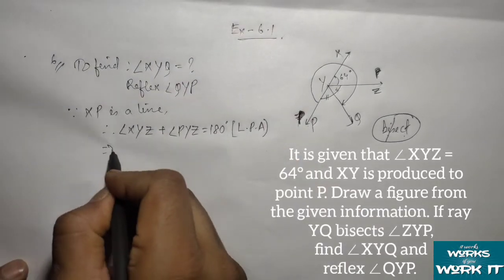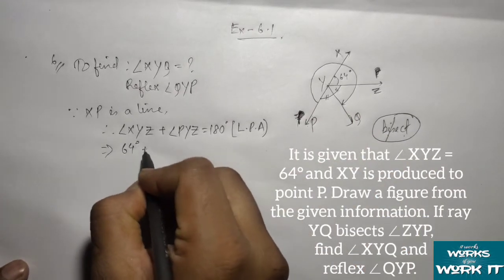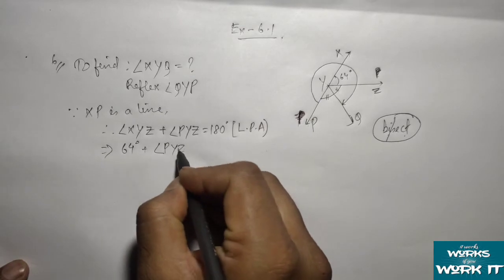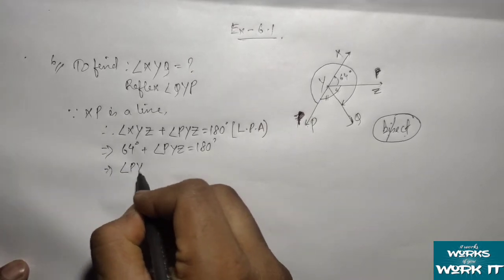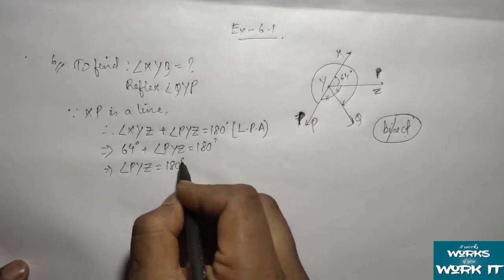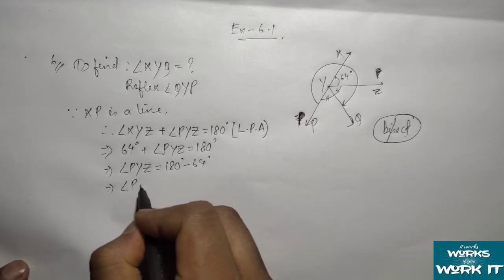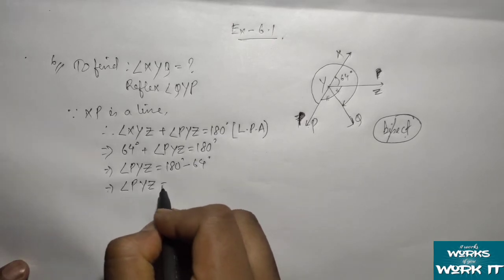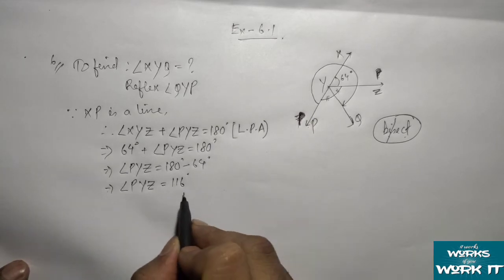So the next step will be angle XYZ, we know already that it is 64 degrees, plus angle PYZ is equal to 180 degrees. So from here we can get angle PYZ is equal to 180 minus 64. It will be 116 degrees.